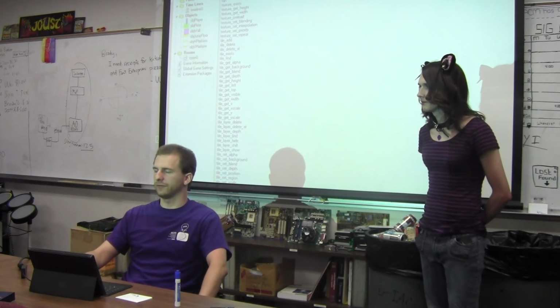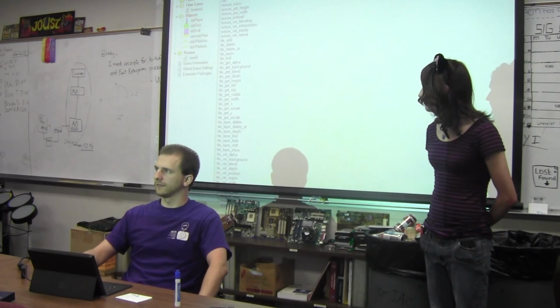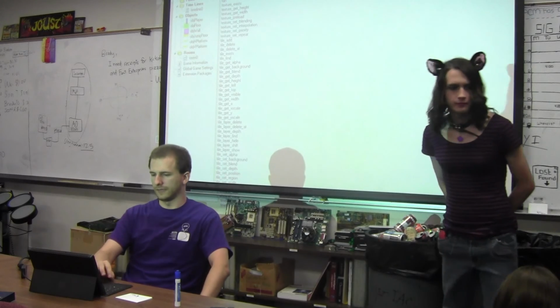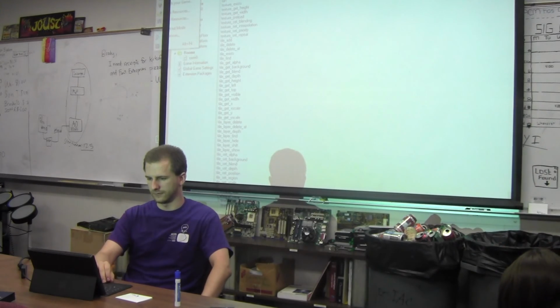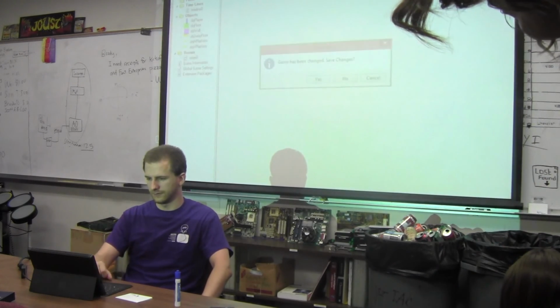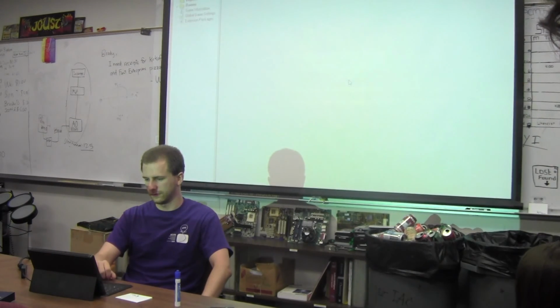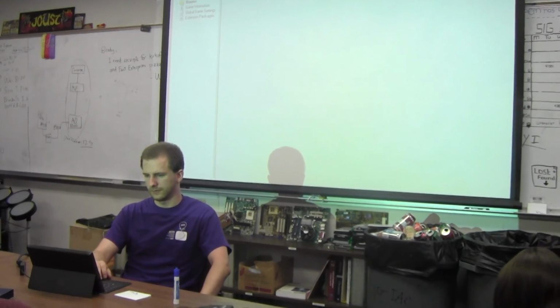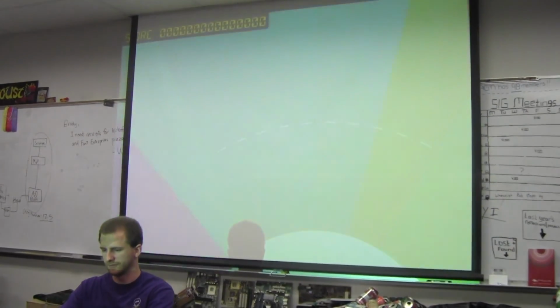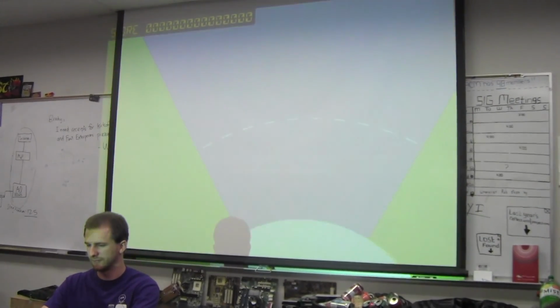The stealth game, that was the one that I had made. Okay. And the one from last year was this guy. Cool. And this one, it's kind of off a little bit, but that's okay.